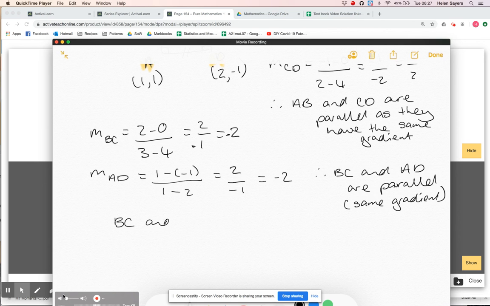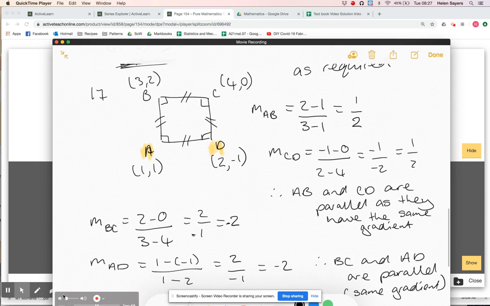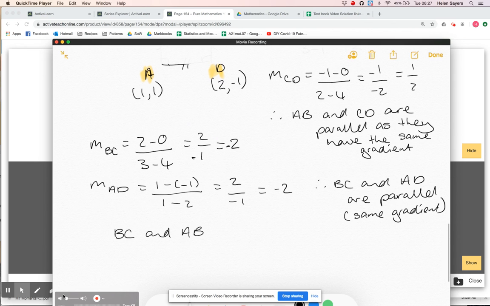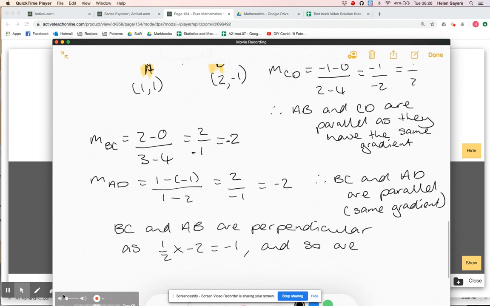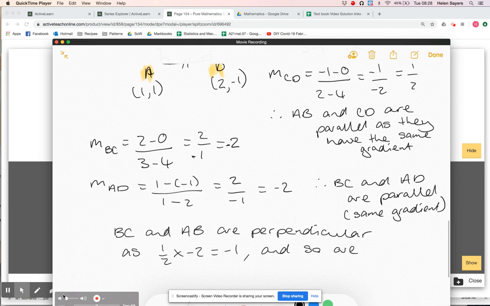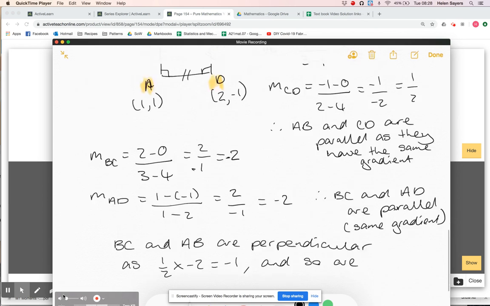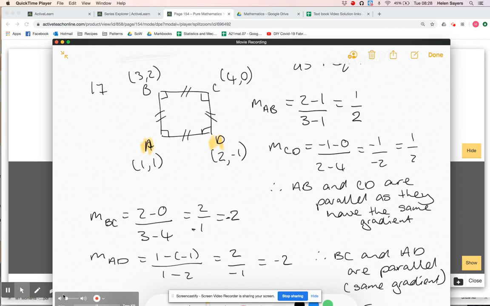So I do also need to say that BC, and BC is the top, so let's say BC and AB are perpendicular, and then explain why. Because -1/2 times -2 is -1. So BC and AB are perpendicular, so that's covered that right angle there.